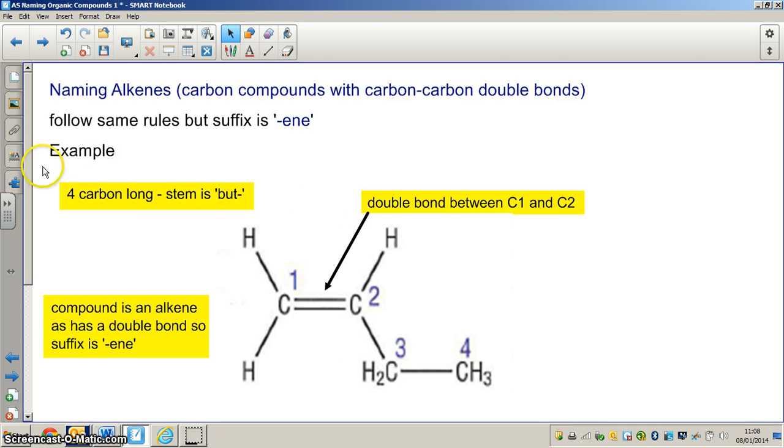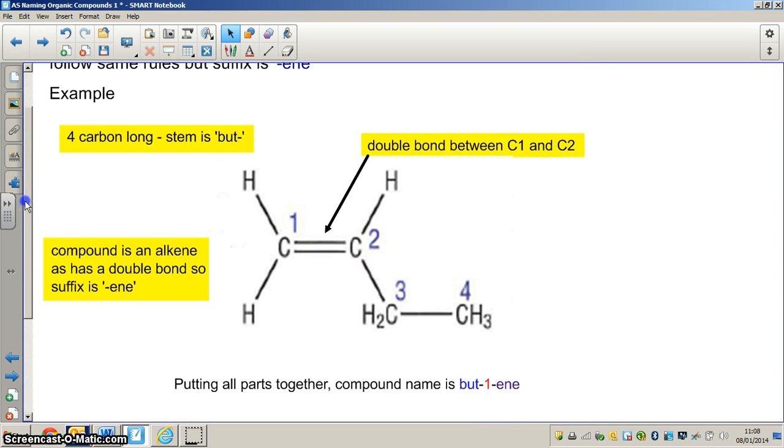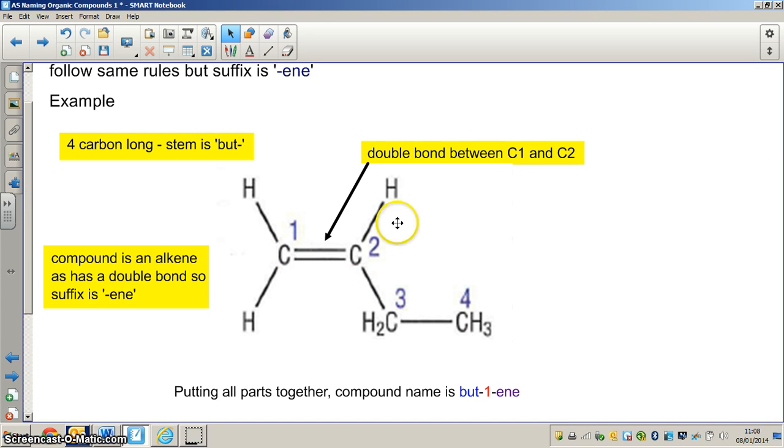And the way we do that is again with a convention, and the convention is we number where the double bond is with the smallest number. So if we look at the actual name of this molecule, it's but-1-ene. It's an alkene, 4 carbons long, and the double bond is between carbon 1 and carbon 2. Putting all that together, but-1-ene.